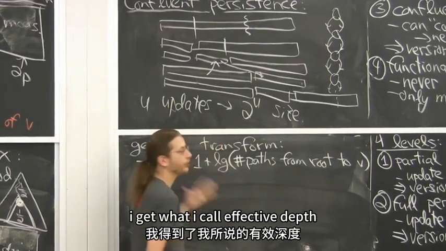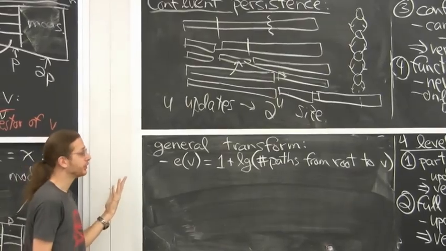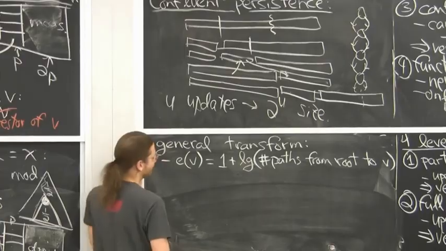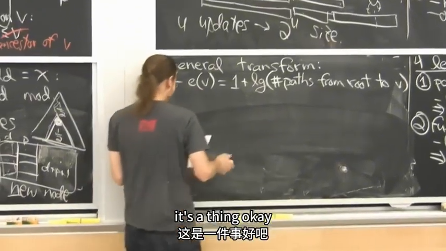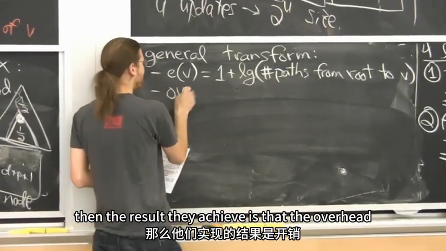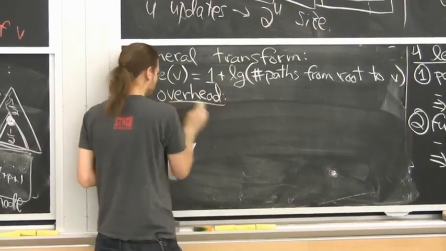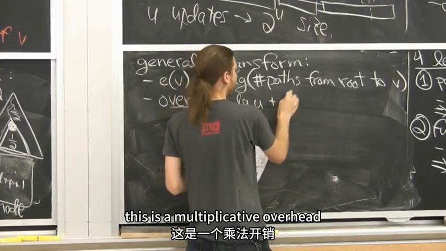If I take log, I get what I call effective depth. It's like if you somehow could rebalance that tree, this is the best you could hope to do. It's not really a lower bound, but it's a number. Then the result they achieve is that the overhead is log the number of updates plus, this is a multiplicative overhead.